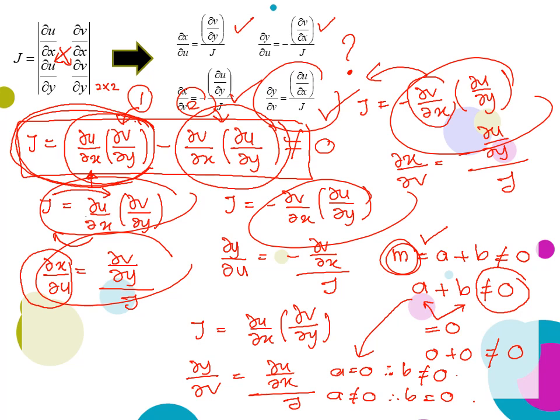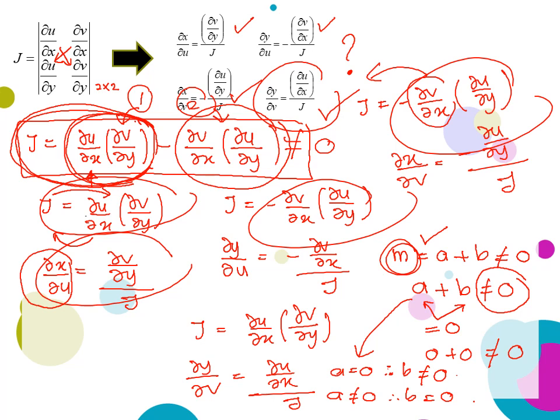Since we want to solve for del x del u here, the first term must be equal to 0 in order to find del x del u. So this part should be 0.